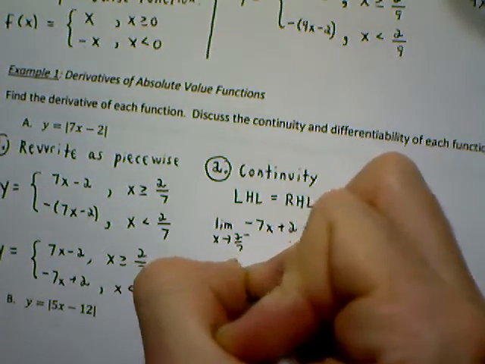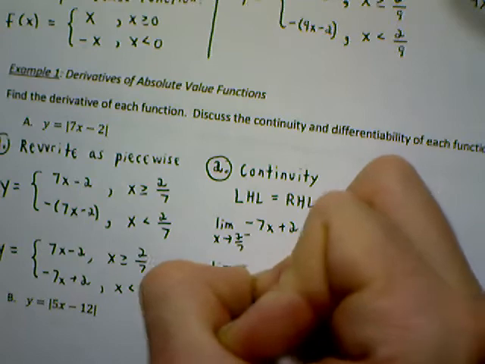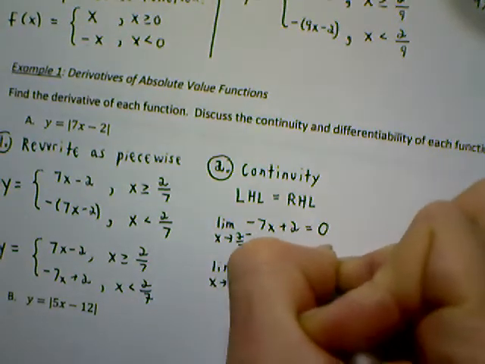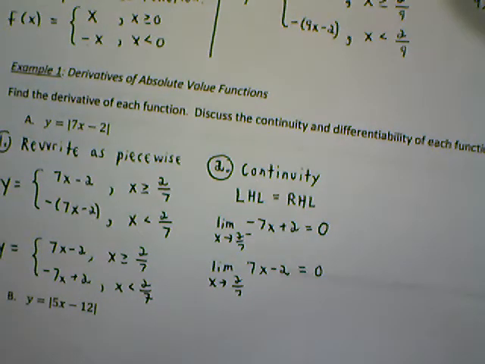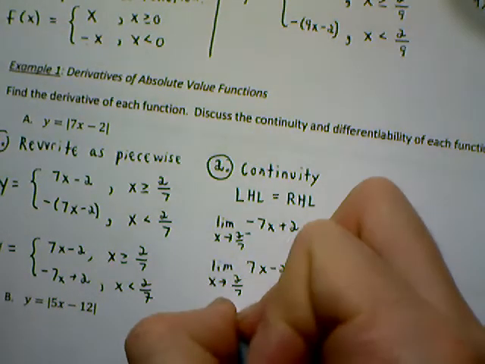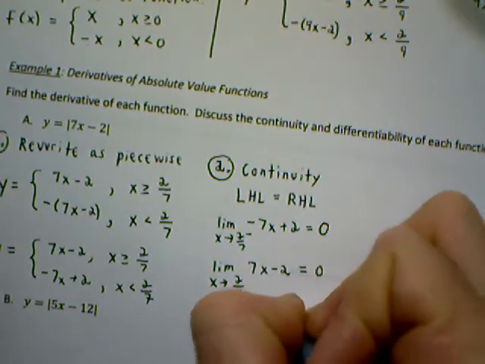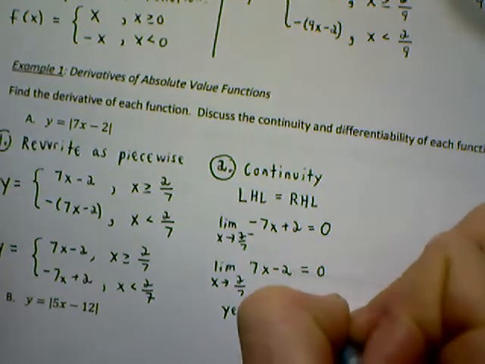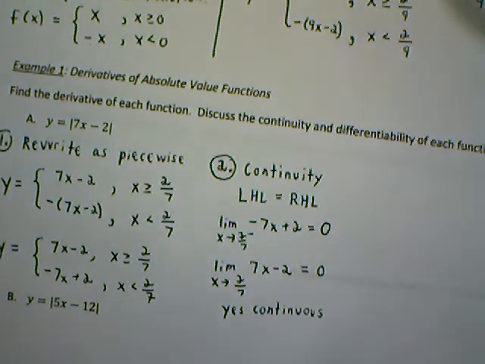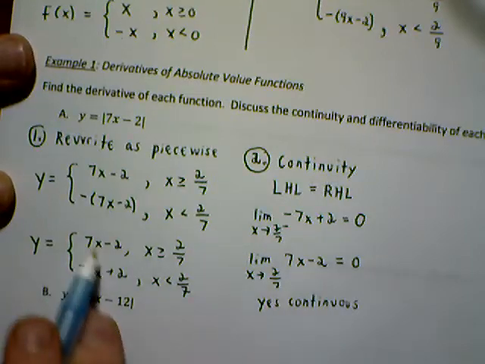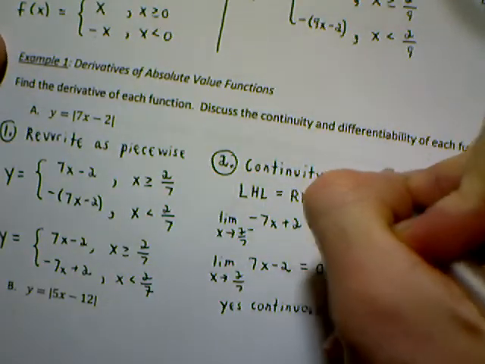And the limit as x approaches 2/7 from the right of 7x minus 2, I still get 0. And f of 2/7 is defined because I can just plug in 2/7. So yes, it's continuous. Now, for being differentiable, first you have to look at your piecewise function and take the derivative.